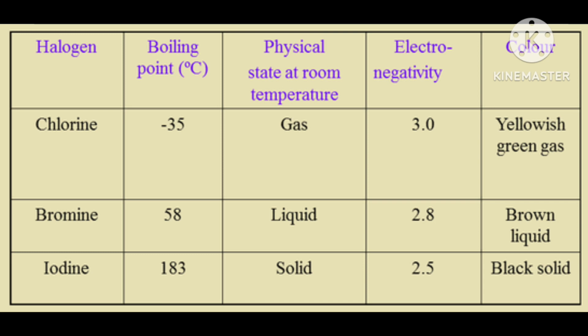Now, why this happens, I am telling you. For halogen atoms, you have to see the electronic configuration, only then you will understand.